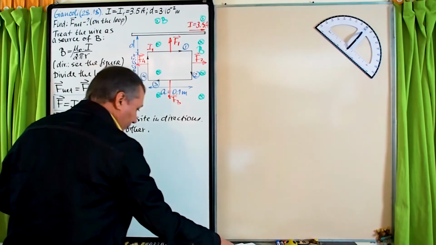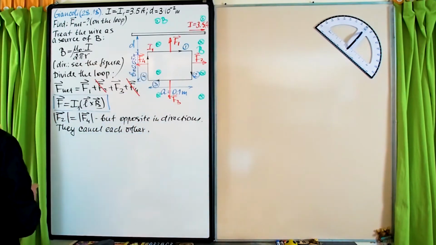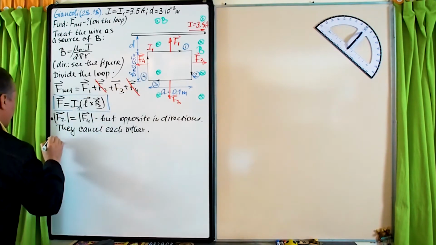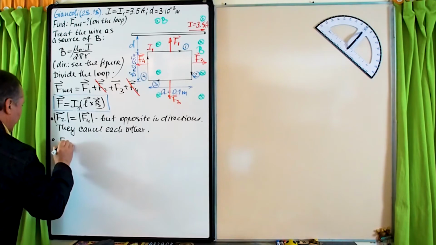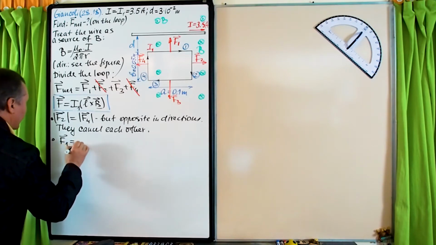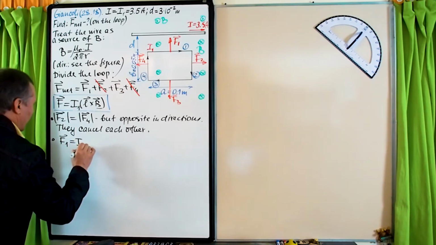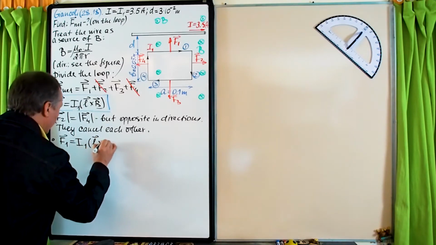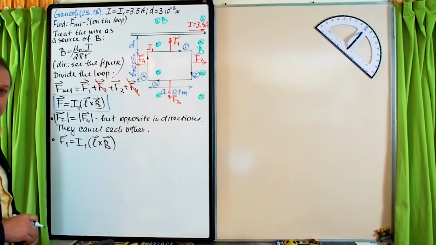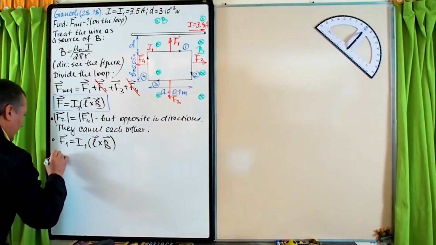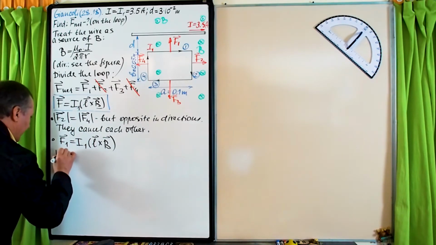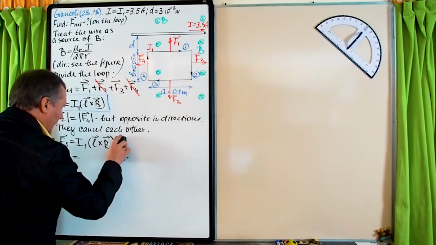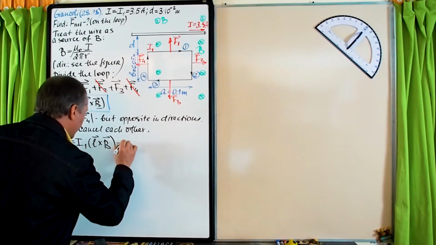All right, we took care of these two forces. Now F1. Let me write it first in vector form: I1 L cross B. And as I said, the magnitude.